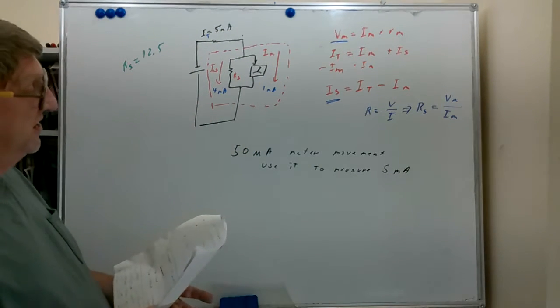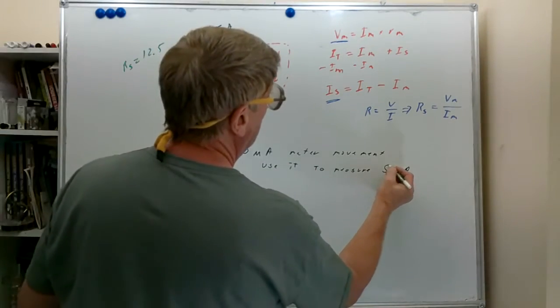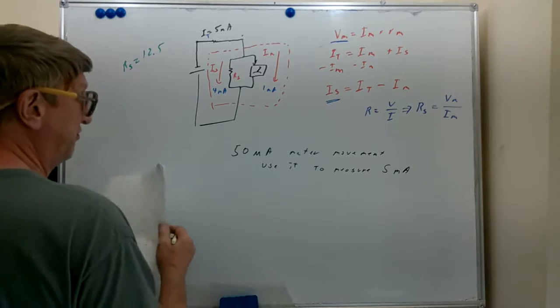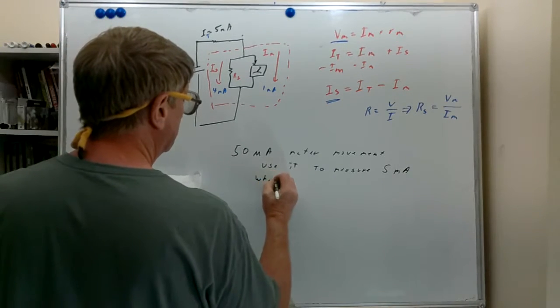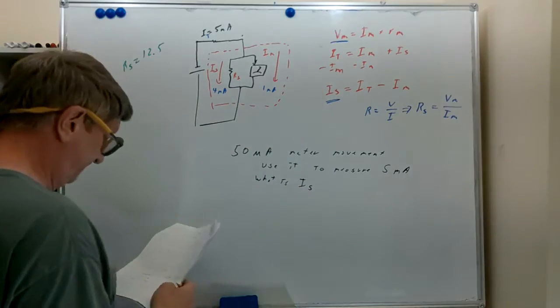We're not going to calculate the shunt at the moment. We're going to figure out how much current will be through the shunt. So what is the shunt current? We'll call it IS, the shunt current.